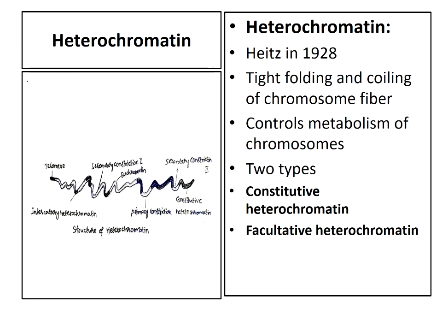The second one is facultative heterochromatin. It contains active genes but may become condensed and genetically inactive in response to physiological and developmental conditions.